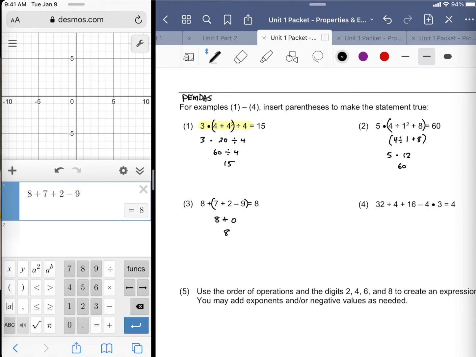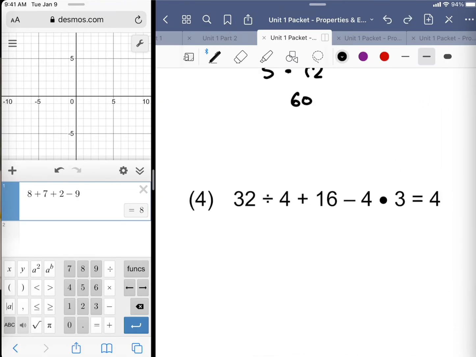Next up would be multiplication and division from left to right. So we're thinking about the last thing that would happen. It's this operation right here that would be last. So try to make that first. The way you try to make it first is put it in parentheses and see what happens. However, always keep in mind that we're trying to get this result.